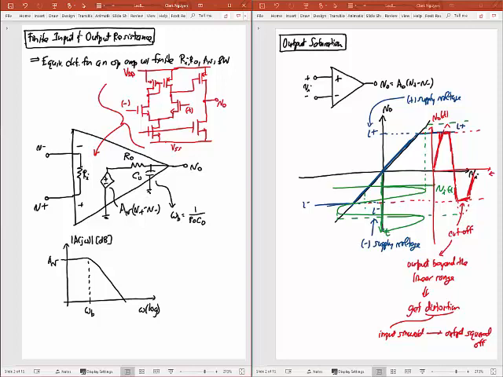So I'll put a large enough C naught so that the inverse of C naught times R naught gives me that omega B. Okay, and so this then establishes that frequency right there.